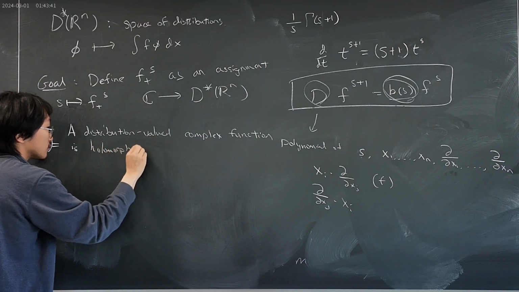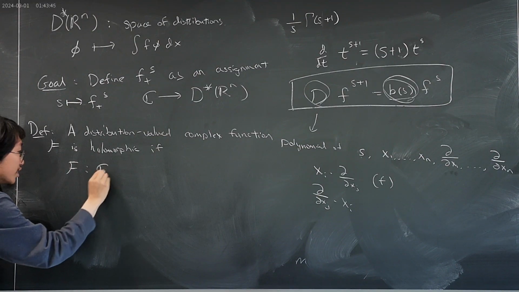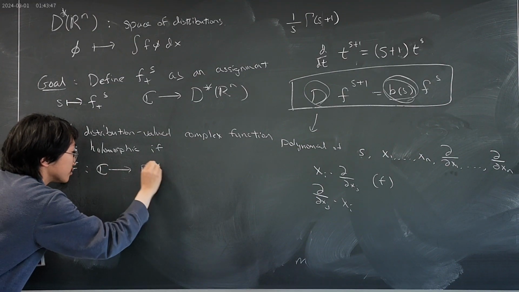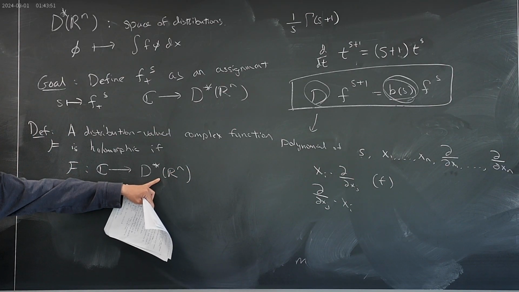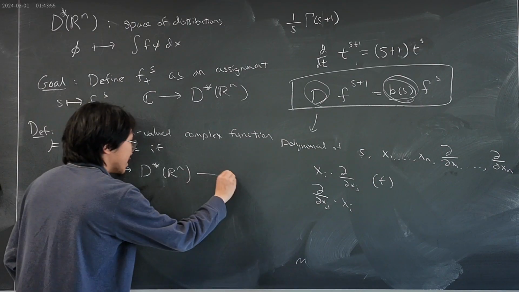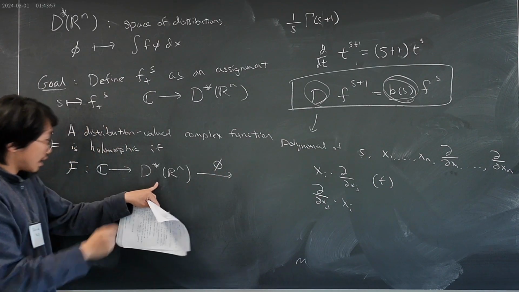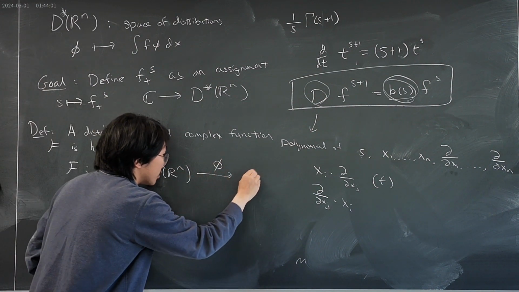So f goes from the complex numbers to the basic distributions. And to these basic distributions, we can evaluate any distribution at a test function. That is, if I fix the test function phi, then a distribution evaluates phi to some complex number.